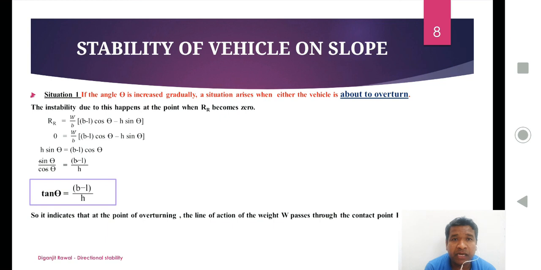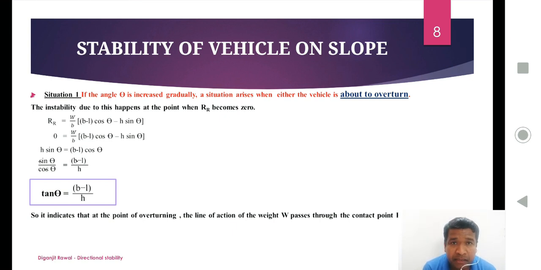So we put the value of RR as 0. Putting 0 value, 0 is equal to W by B into whole bracket B minus L cos theta minus H sin theta. So taking H sin theta to the left hand side and dividing by W by B, the equation becomes H sin theta is equal to B minus L cos theta.